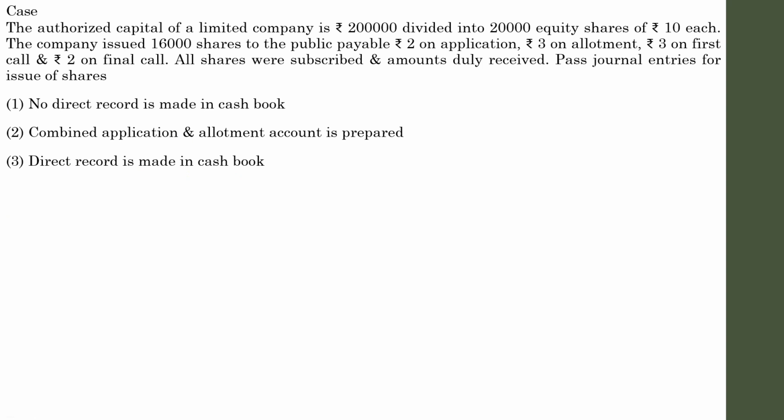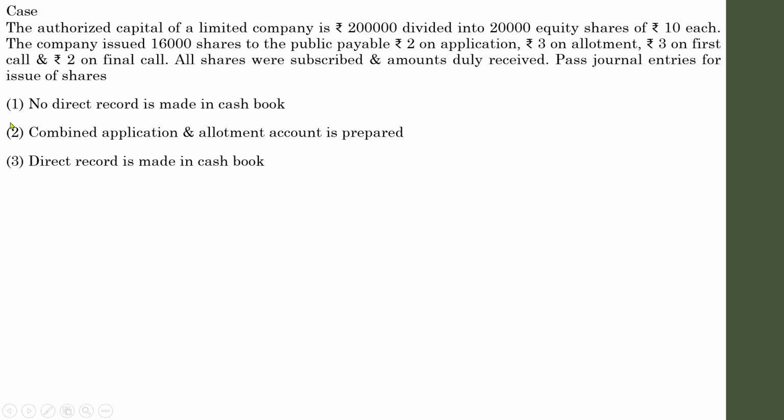So you have to prepare all these. In most cases, in the university exam, they might ask any one of the situations, but always prepare for dealing with all three situations. So let us begin with our computations.